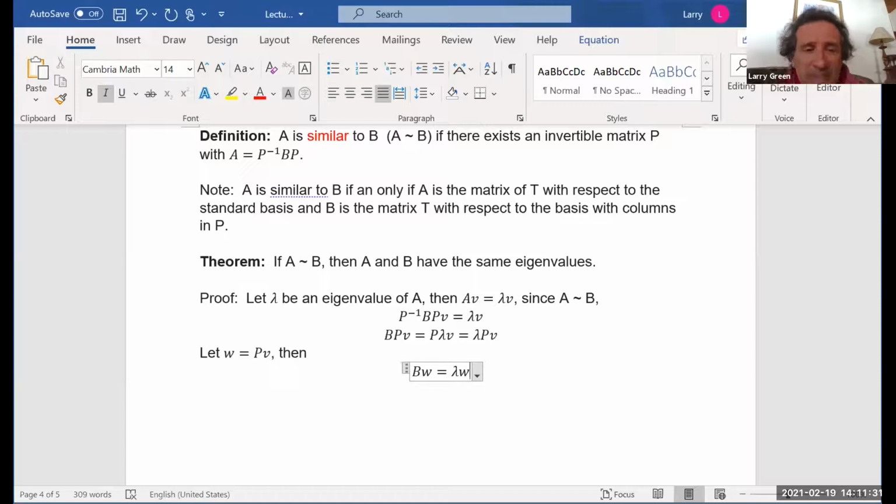But notice that it's a different vector. We started with the vector V as the eigenvector, and now I have W as the eigenvector. So the eigenvector changes, but the eigenvalue doesn't change when they're similar. It is possible the eigenvector doesn't change either, but usually it does.